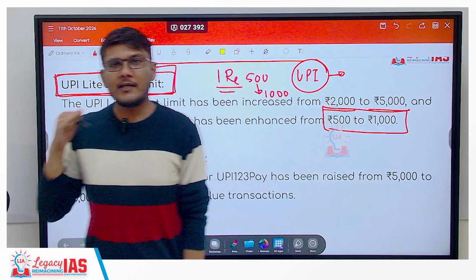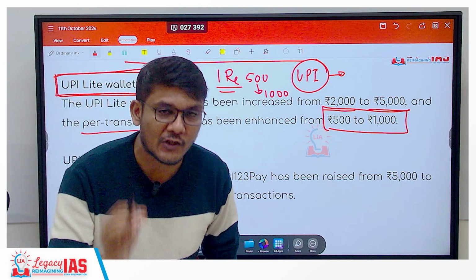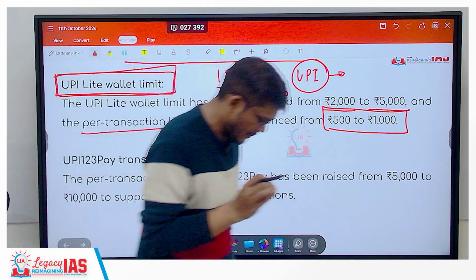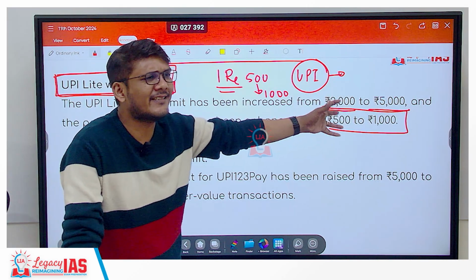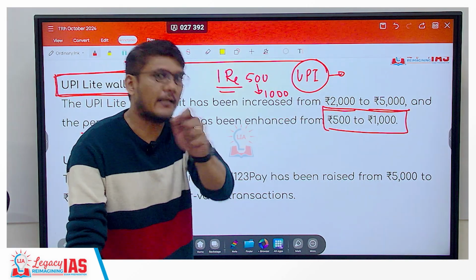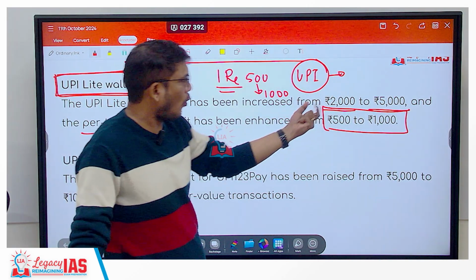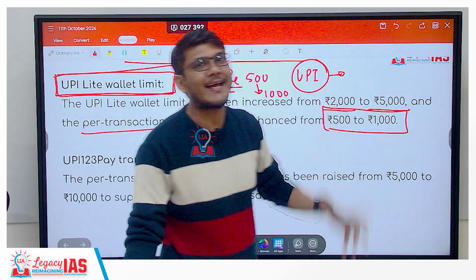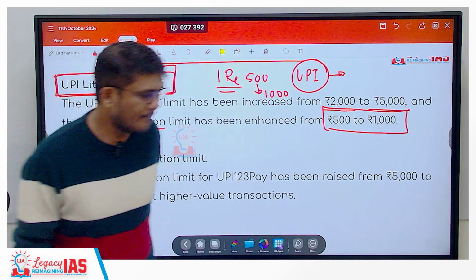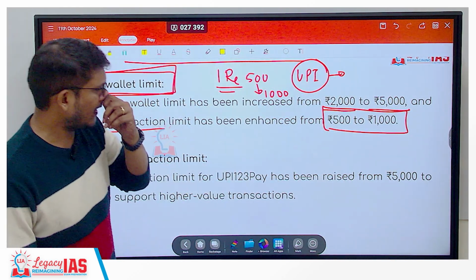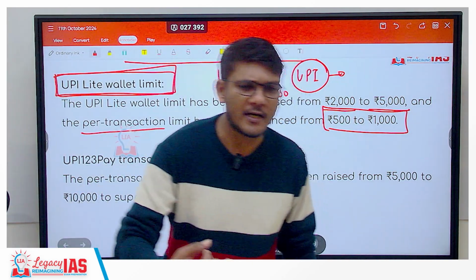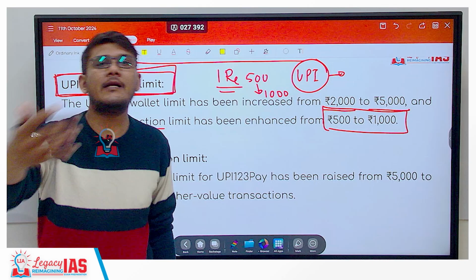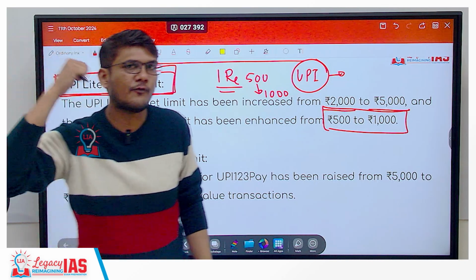Now this topic that we are doing today is very important, especially from the perspective of prelims. And I myself say that you don't have to remember these numbers exactly, but you do need to know what kind of range these numbers lie in. I'll give you an example. Let's say UNFCCC, there has been a decision that developed countries have to contribute $100 billion for climate change.